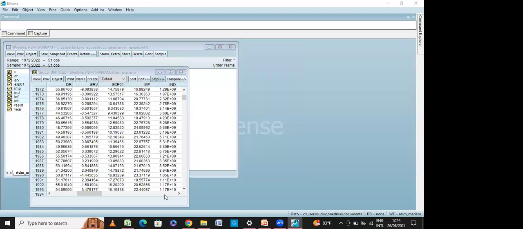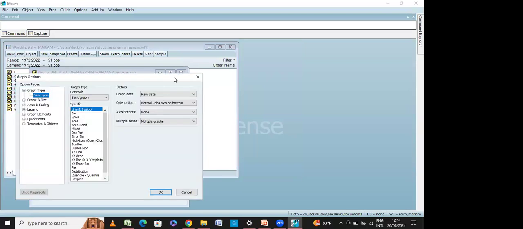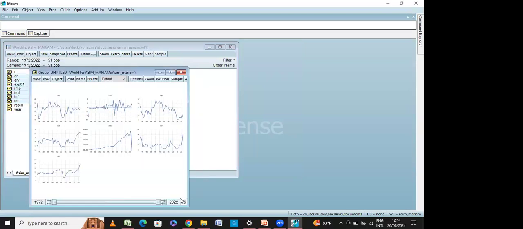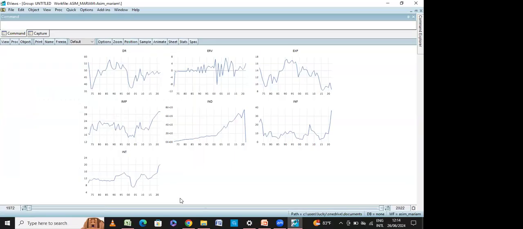Multiple graphs here. Please confirm if you can see the graphs. Yes, visible, sir. Okay, so all my variable graphs are easily available here.